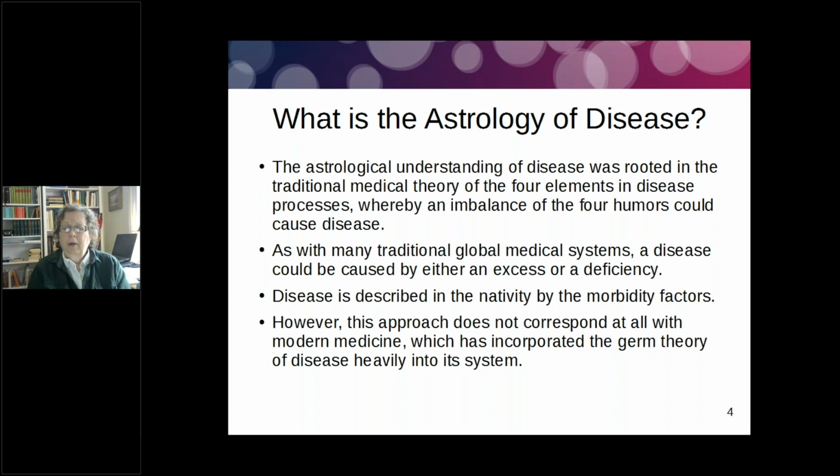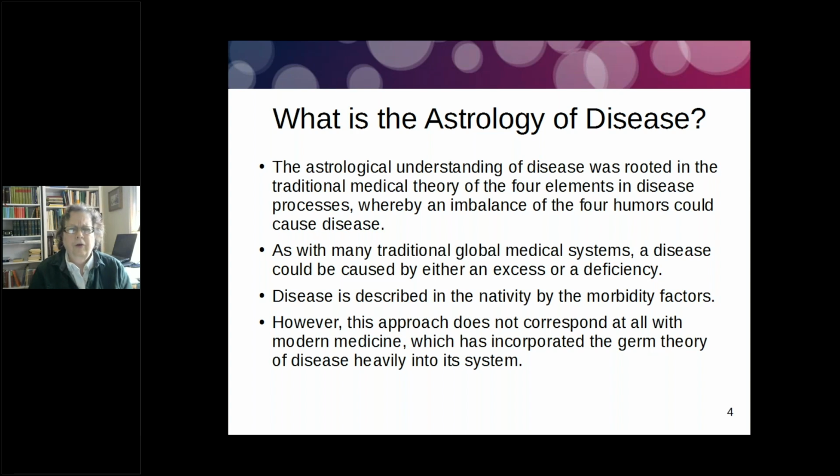Now, with many of the traditional global medical systems, which is to say far beyond the Western Greek-based system, a disease could be classified as being caused by either an excess or deficiency of something.